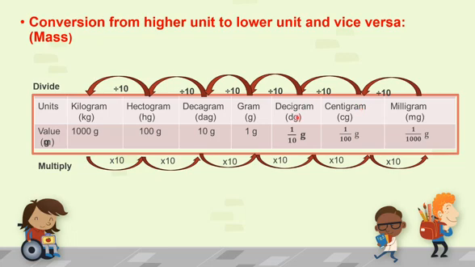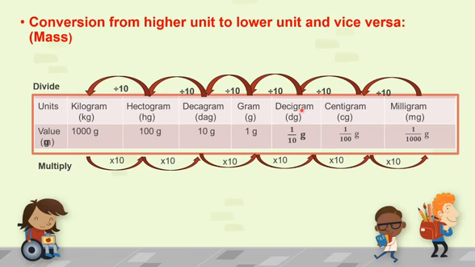That means 2 tens, 2 times 10. That means 100. 100 divided by 100. The number of steps you are jumping will help you understand how many zeros. 2 zeros, 100. That we will understand better when we solve the problems.